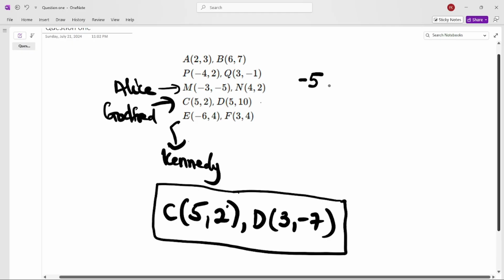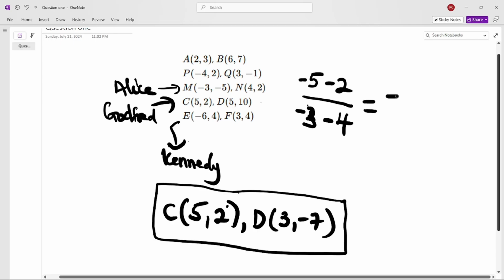So that is negative 5 minus 2, right? All over negative 3 minus what? What's the x of the other one? It's 4.